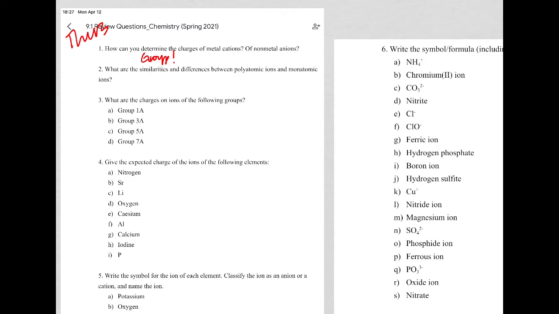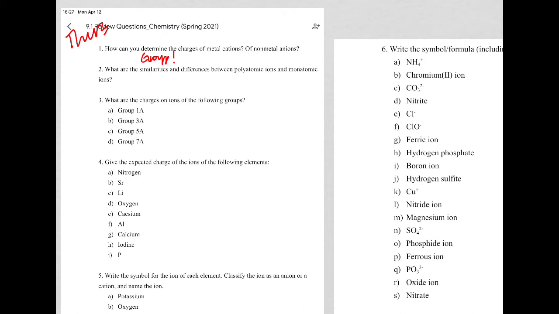If I look at non-metal anions, I look over at group 6. Remember, group 6 all have a -2 charge because they only need to gain 2 electrons to make it to the noble gas configuration. If you gain 2 electrons, you get 2 minuses. Therefore, all of them in group 6 have a -2. So you know the charge of these different ions by knowing the group in which the ion exists.